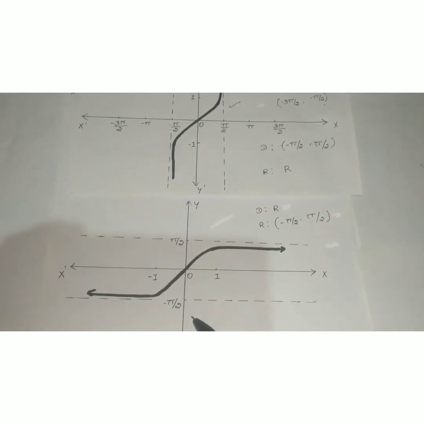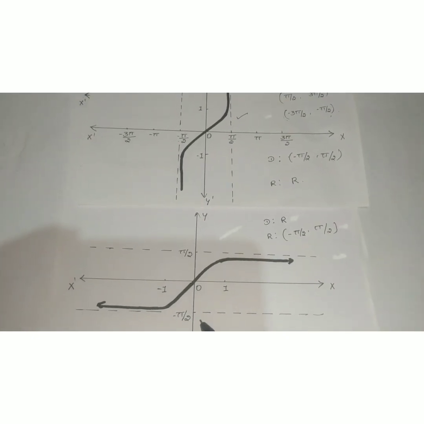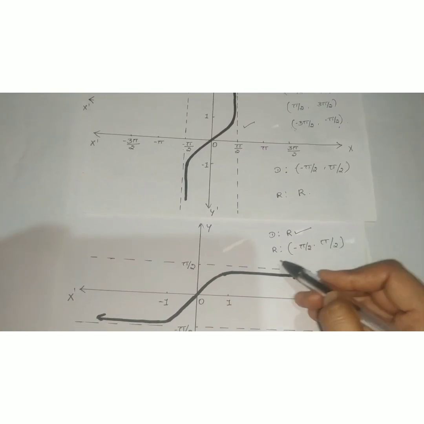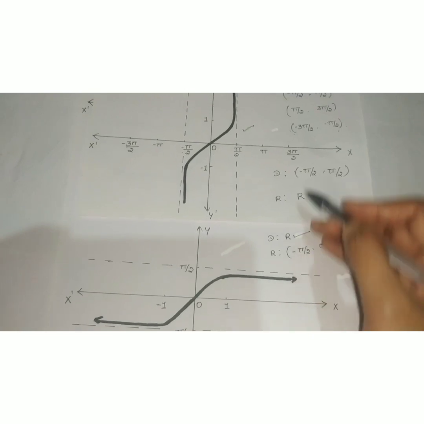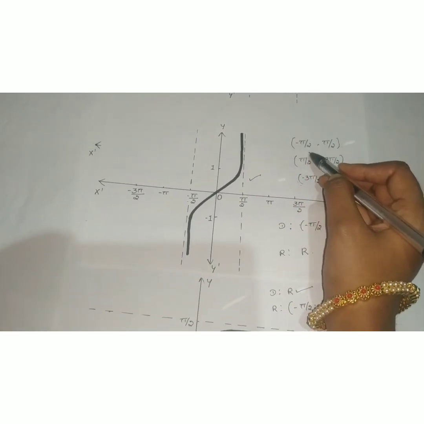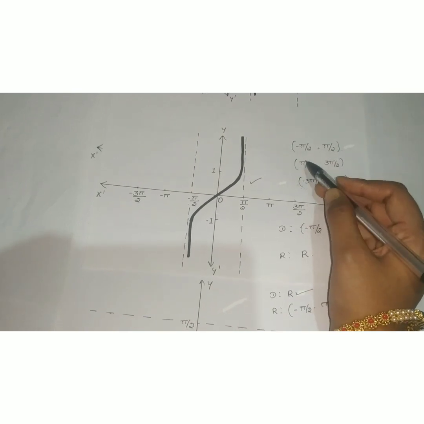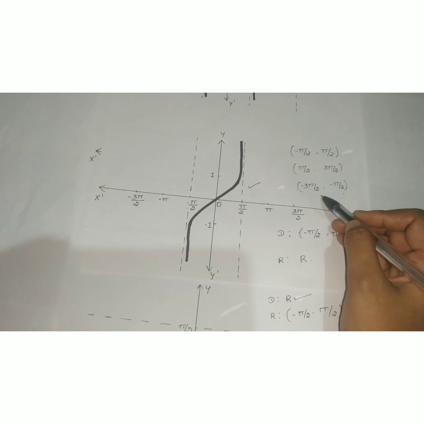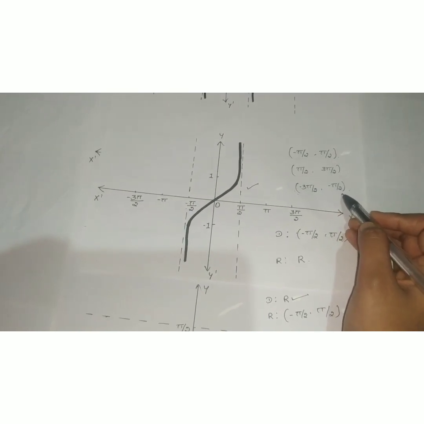The tan inverse function can be defined as a function with a domain of all real numbers, and a range that could be any of these intervals: open interval minus π/2 to π/2, or open interval π/2 to 3π/2, or open interval minus 3π/2 to minus π/2.